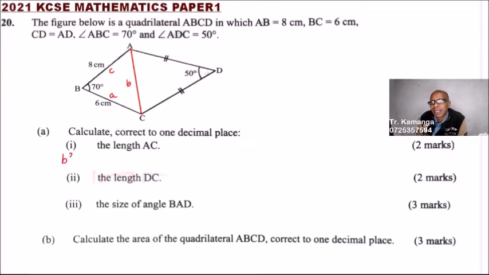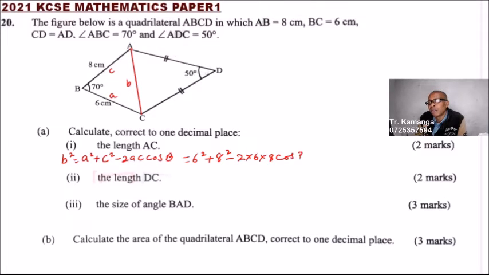So B squared is equal to A squared plus C squared minus 2AC times the cosine of B, which we can now substitute.